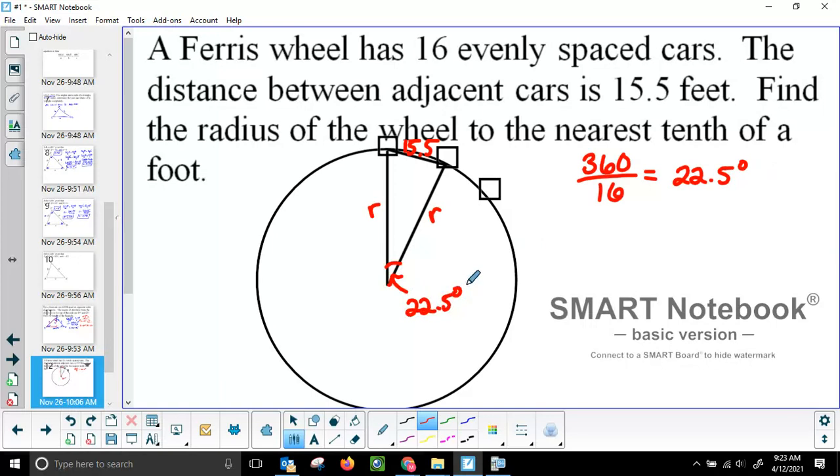To use law of sines initially, we need 2 angles: angle, side, angle, or angle, angle, side. Can I find these other 2 angles? Yes, because they're the same.